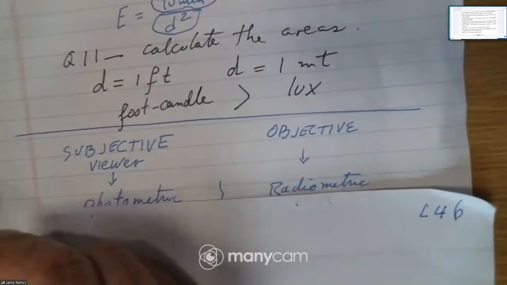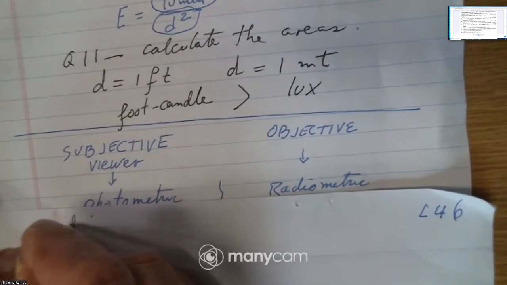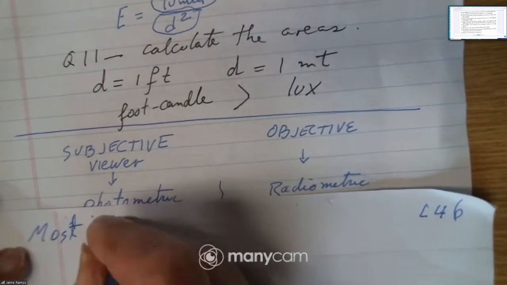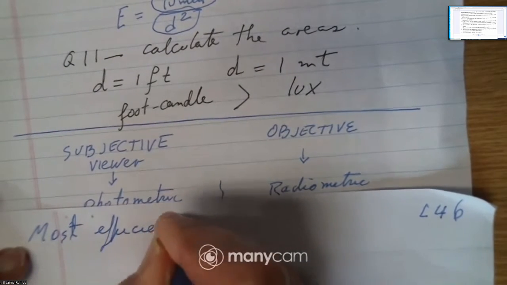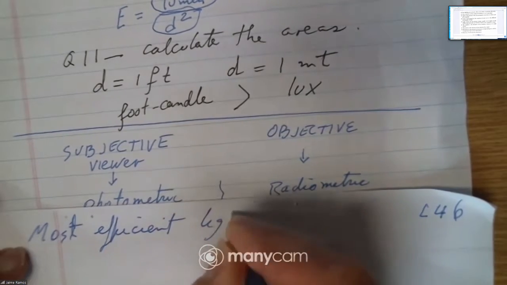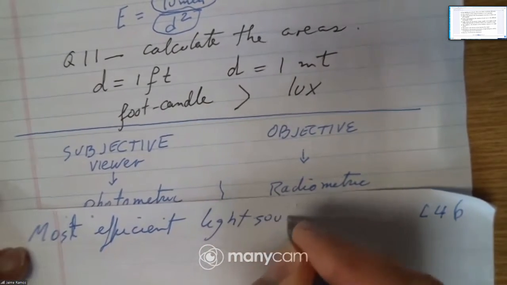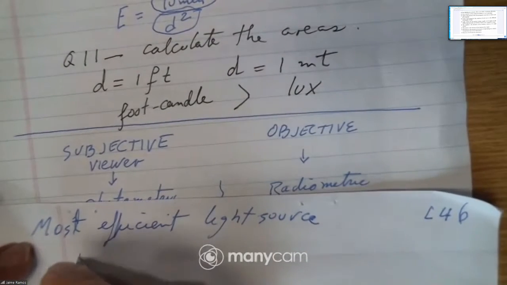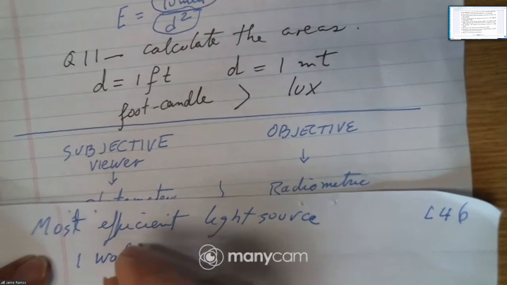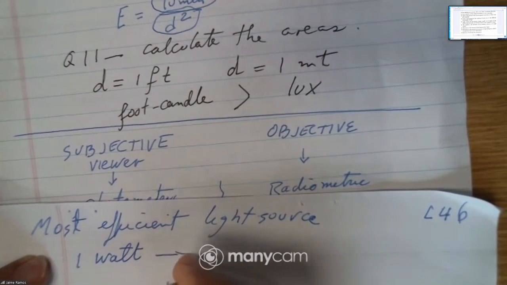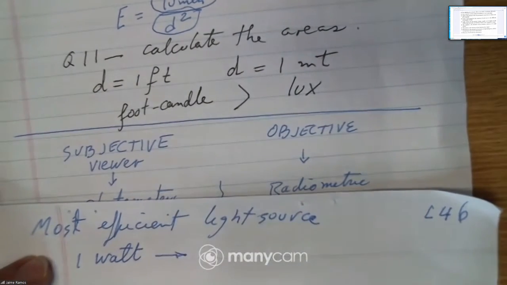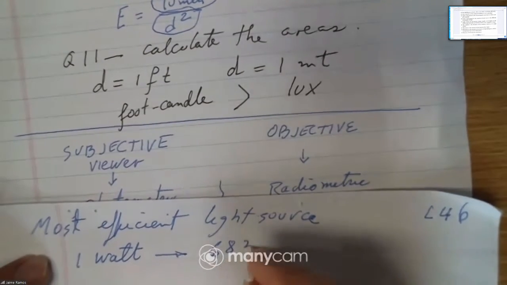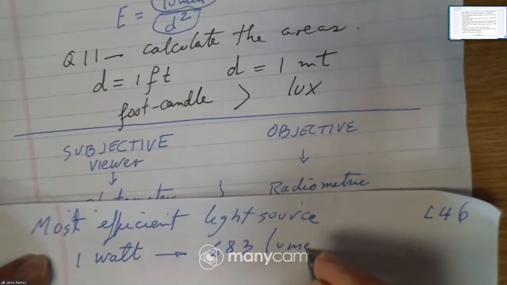So the most efficient light source has the following conversion. 1 watt can produce 683 lumens.